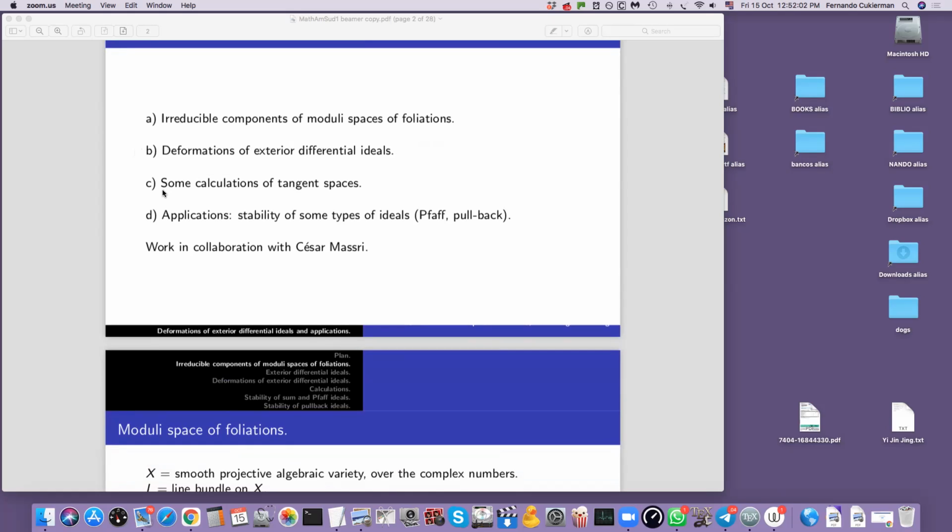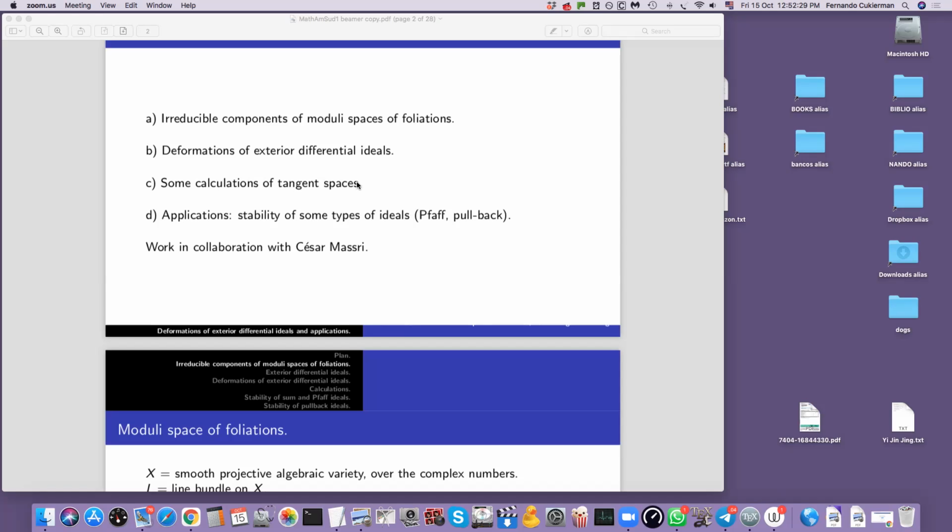And then to apply this in examples, we need to do some calculations of infinitesimal or first order deformations, or tangent spaces to the moduli spaces. This involves some delicate linear, multilinear algebra and exterior algebra.